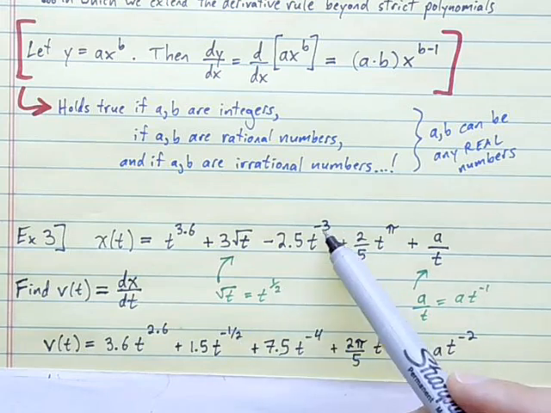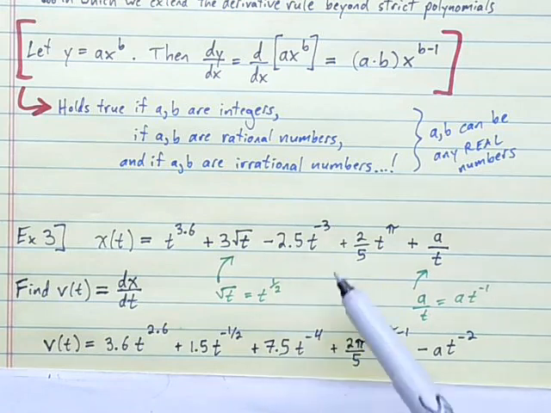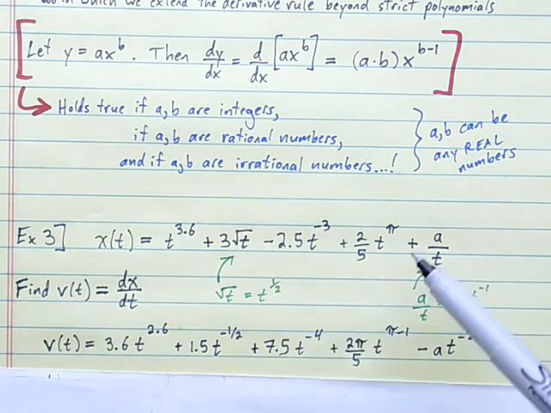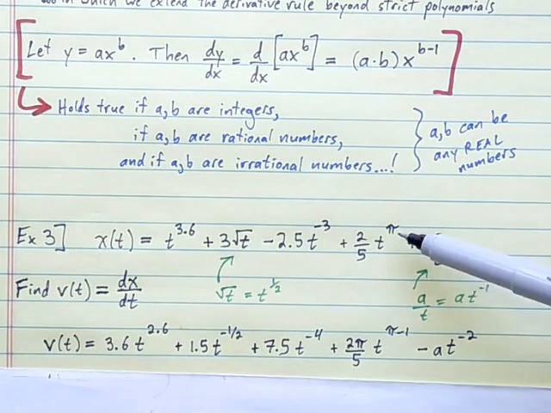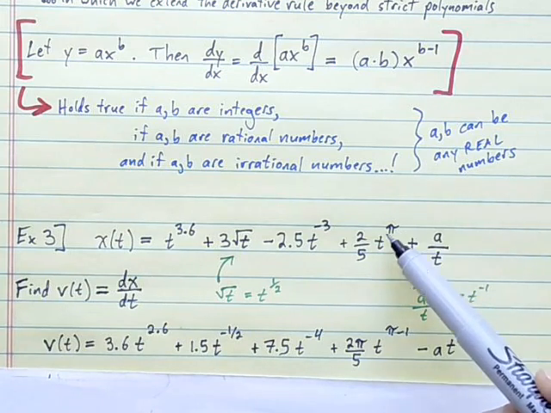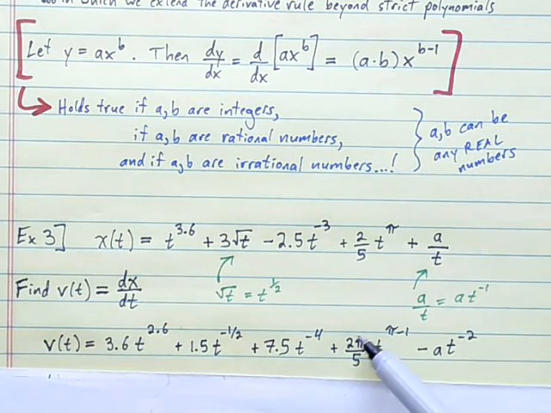Likewise here, -3 times the -2.5 got us this, and -3 minus 1 gave us -4. Here, where the exponent was irrational, pi times the old coefficient gives us the new coefficient, and we just take pi minus 1 is the new exponent. And likewise here, t to the -1, minus 1 times a is minus a, and then the -1 minus 1 becomes t to the -2.